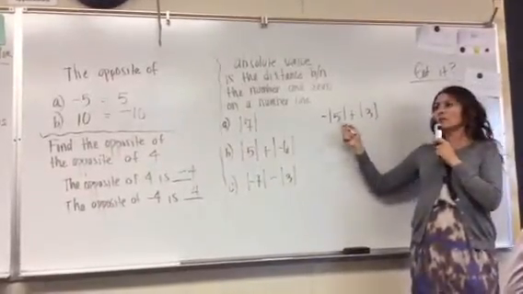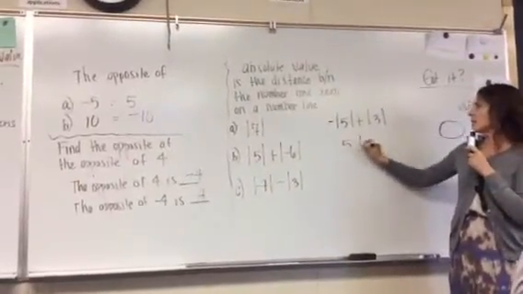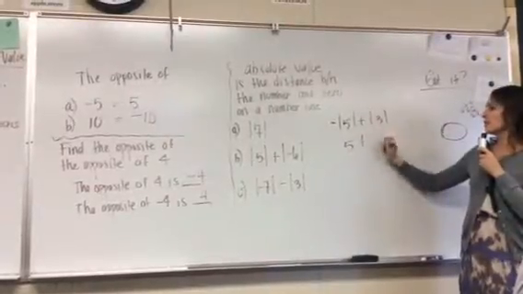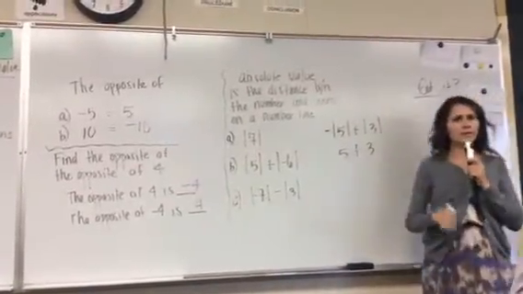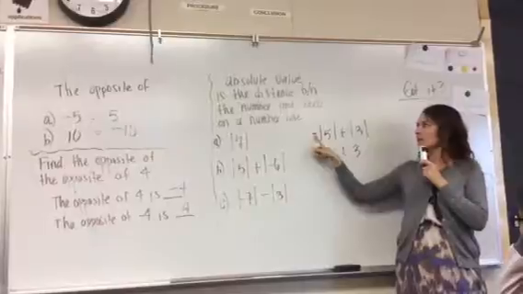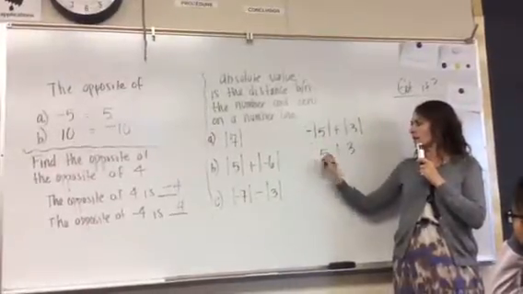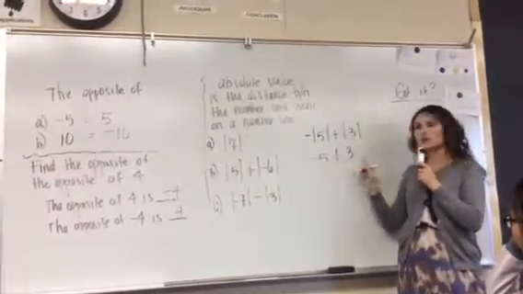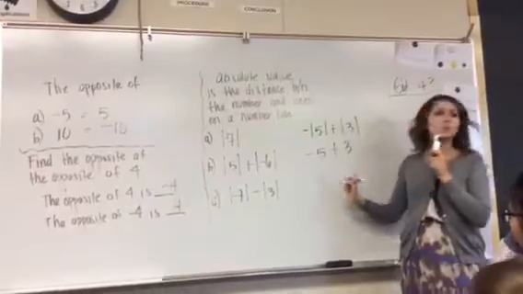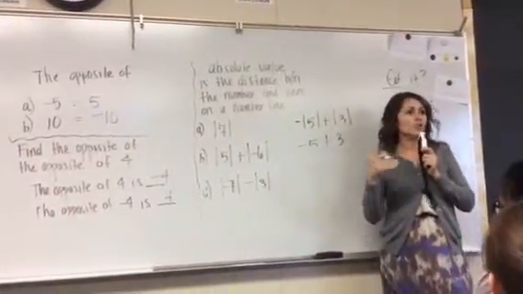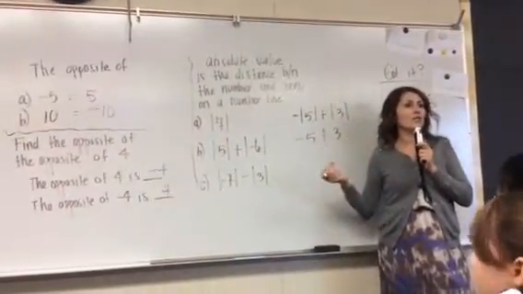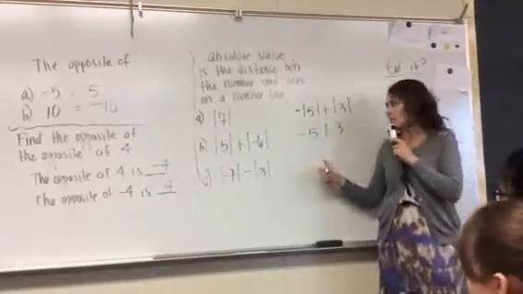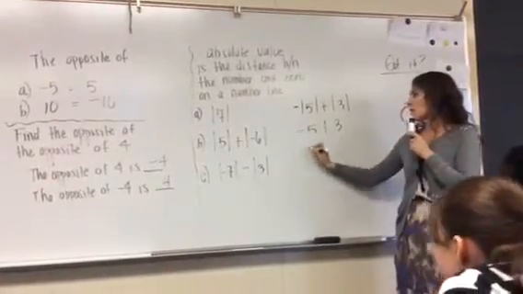What's the absolute value of 5? 5. What's the absolute value of 3? 3. Wait a minute, there's a negative sign. I had to just drop that. That's a negative 5 plus 3, which you will not be doing. But this does happen. You will see this when we do 7th grade math.